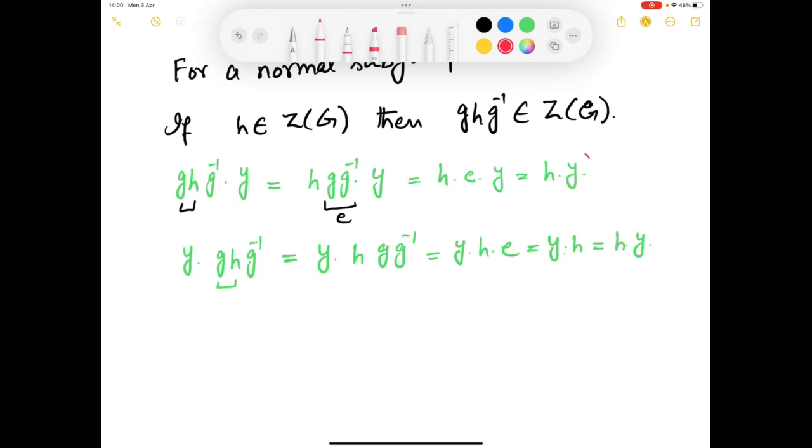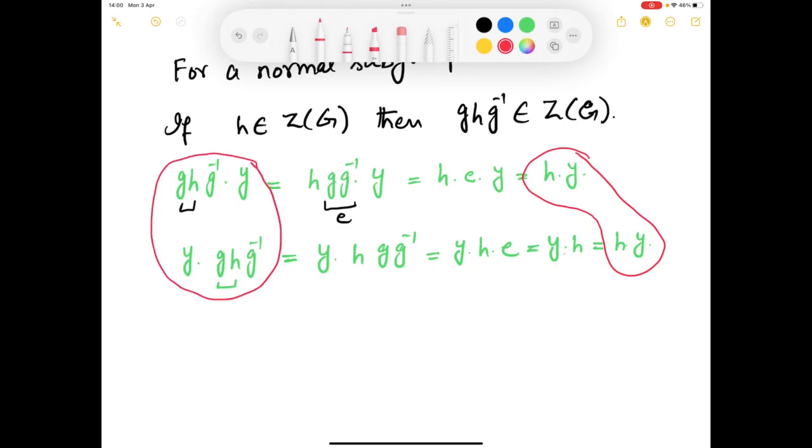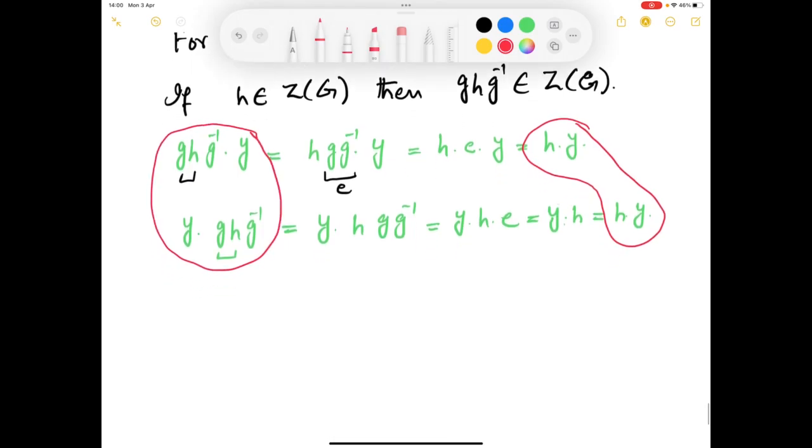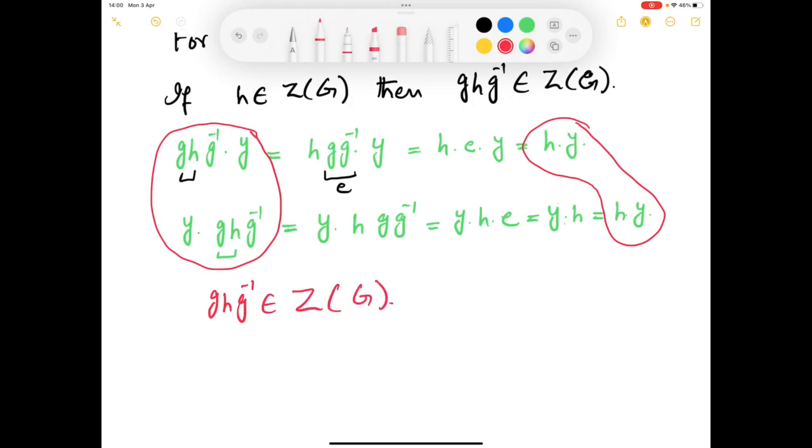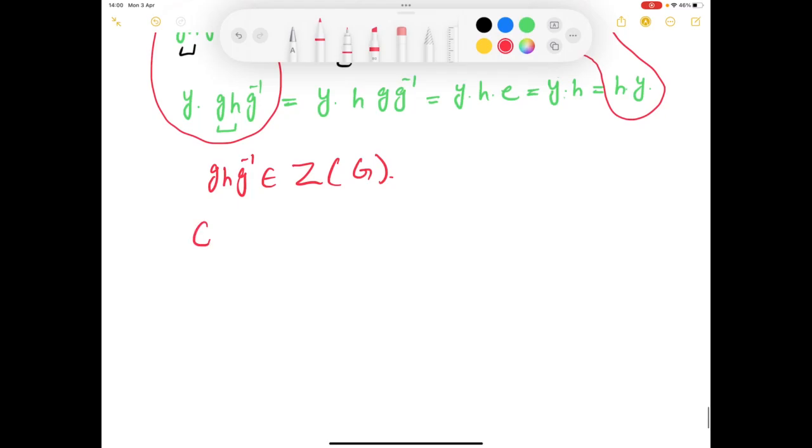So from these two equations, h y is the same as h y, which shows that these two things are the same, and which particularly shows that g h g inverse is in the center of the group, which indeed shows that the center of G is a normal subgroup.